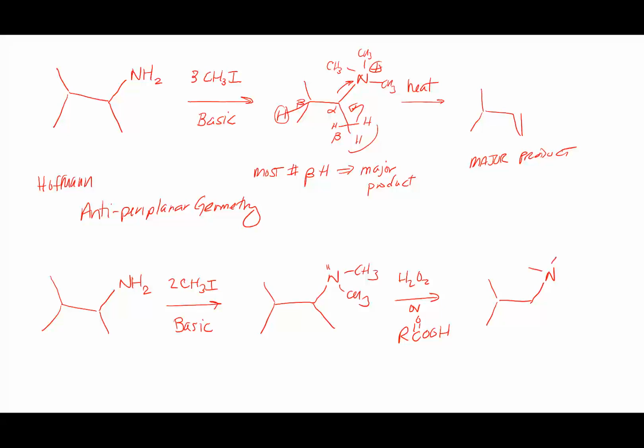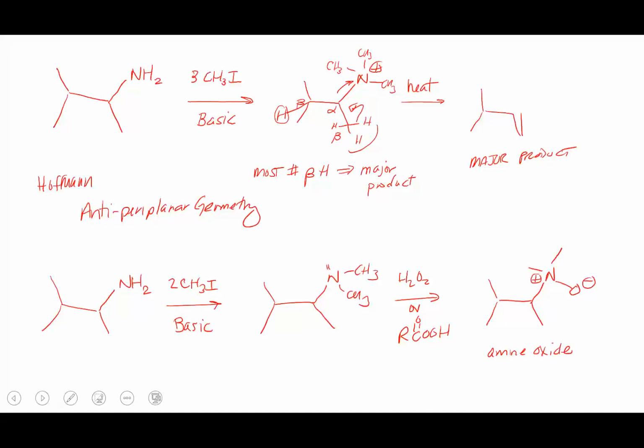So I've got 2 methyl groups, and then what that ends up doing is forming this species, which is called an amine oxide. So that peroxy acid or hydrogen peroxide reacts with the nitrogen, and it forms this amine oxide where the nitrogen has a plus charge and the oxygen has a negative charge. Now, this is what's called Cope elimination.